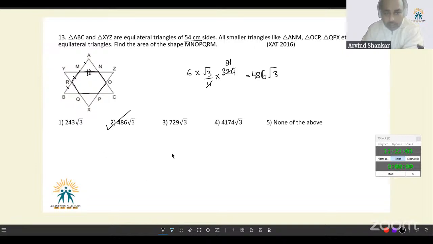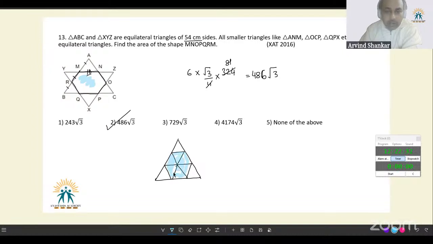Now here in this diagram, hopefully we remember this lovely concept: dividing an equilateral triangle into several parts. These are 9 smaller equilateral triangles it has been cut out into. The portion whose area is asked is 6 of them.